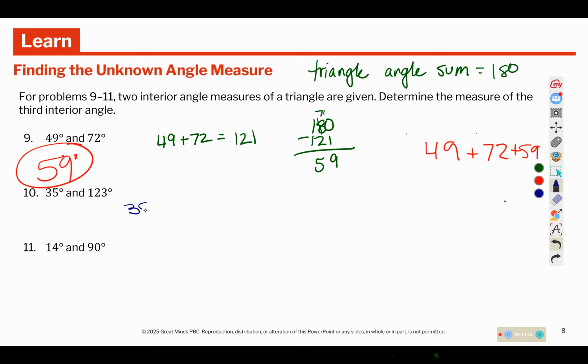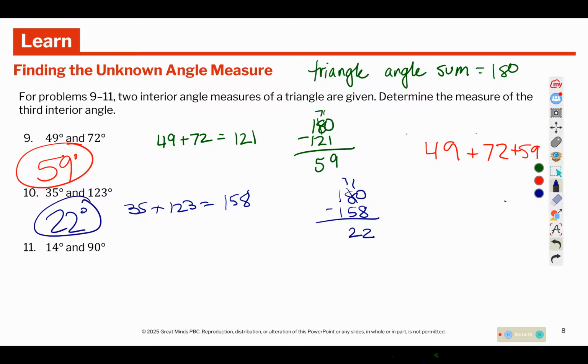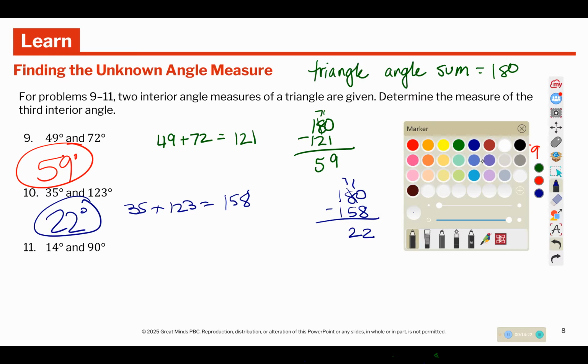Here, 35 and 123 added together is 158. So to make it to 180 from 158, 10 minus 8 is 2, 7 minus 5 is 2, so our missing angle should be 22 degrees, and we can check. 22 plus 35 plus 123 needs to equal 180, and it does.